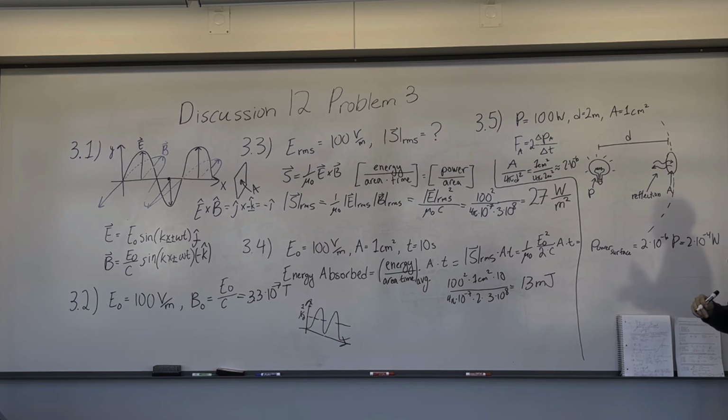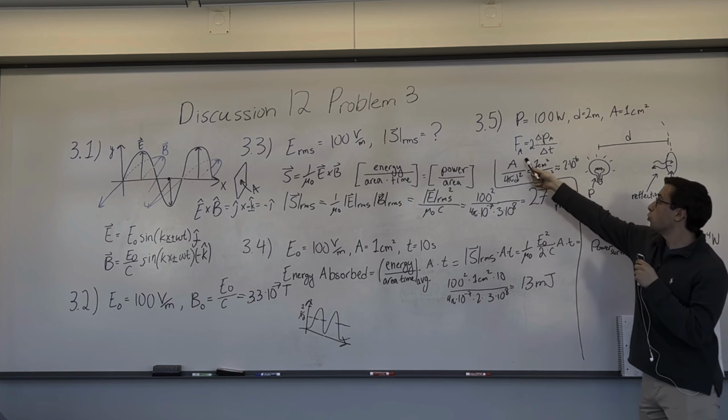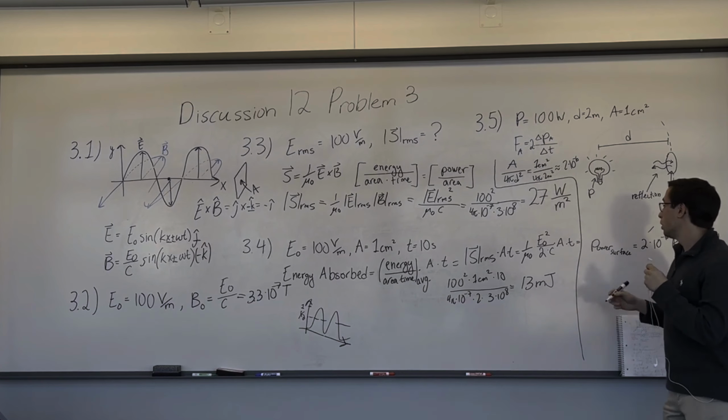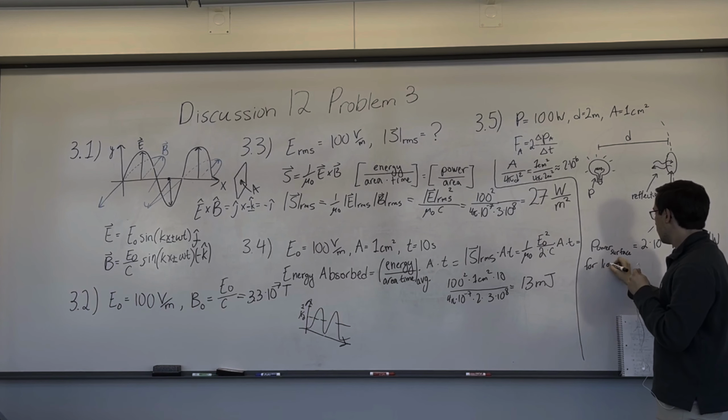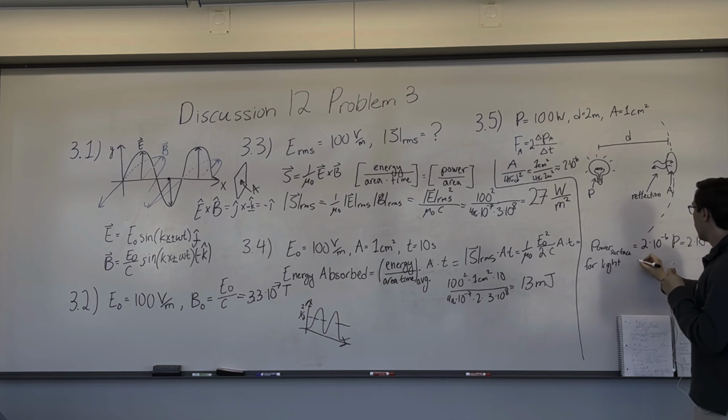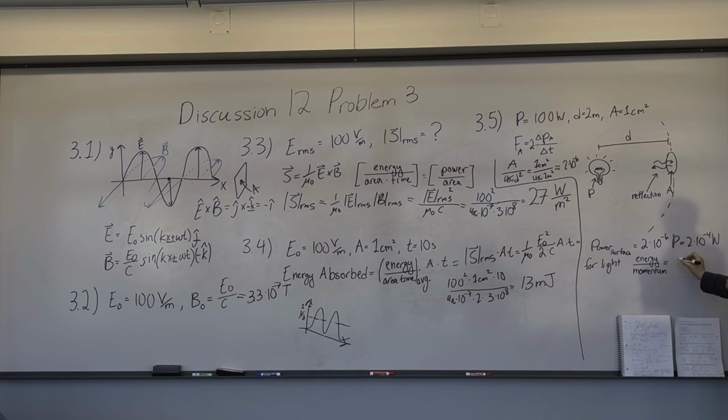But we want momentum per time, right? Remember, our force is a momentum per time. And for light, energy per momentum is the speed of light. That conversion from energy to momentum is the speed of light.